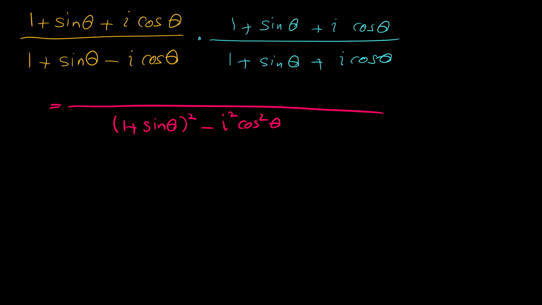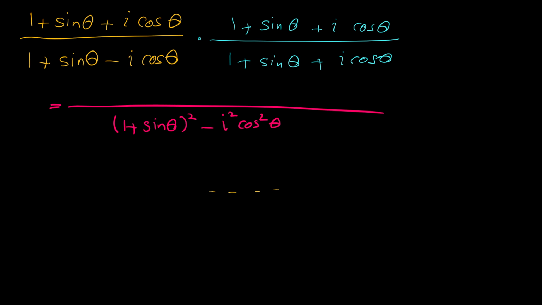Let's simplify the numerator. To multiply the numerator, we have to multiply the terms in the first numerator by the second numerator. But attention, the numerators are the same expressions. If you are familiar with the a plus b plus c to the 2 identity, then you can use that method.